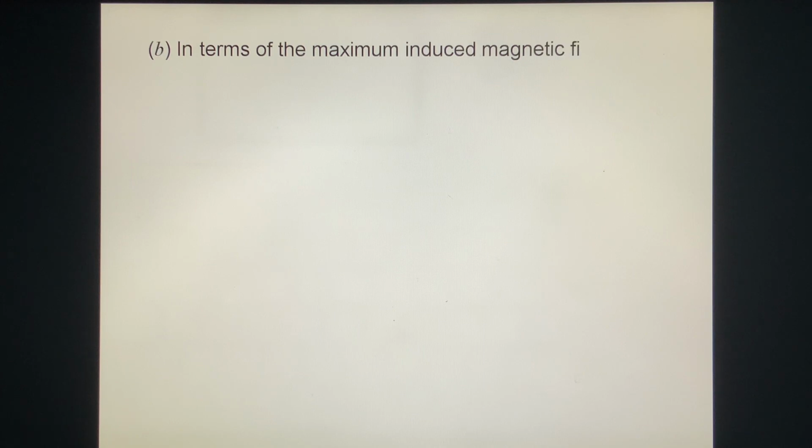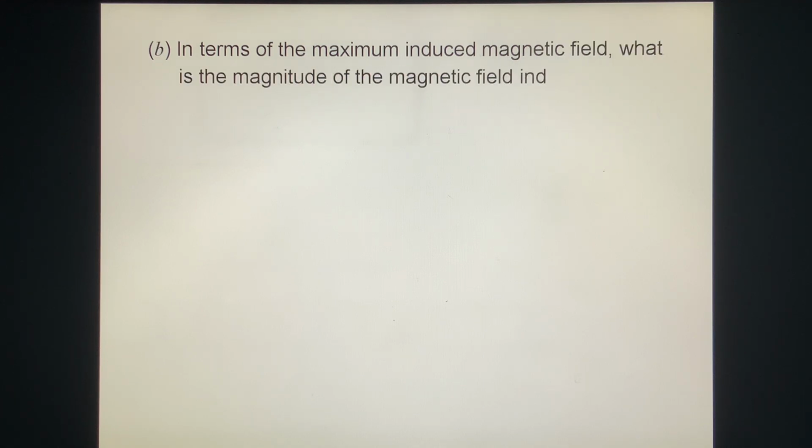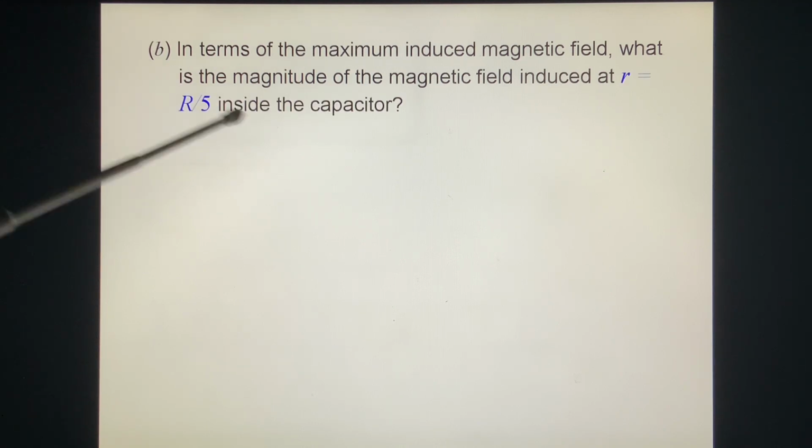In terms of maximum induced magnetic field, what is the magnitude of the magnetic field induced at r equal to big R over 2 inside the capacitor? Now we know this one. We do the integration. Because of symmetry, B is always along the tangent, so B dot ds equals B ds.